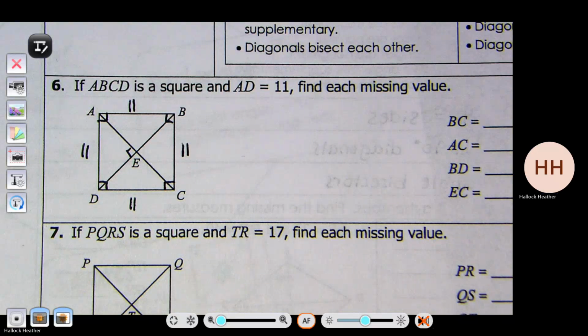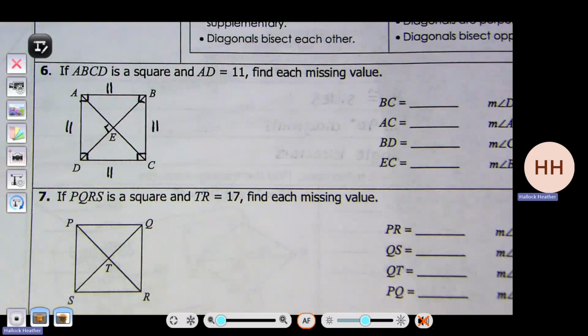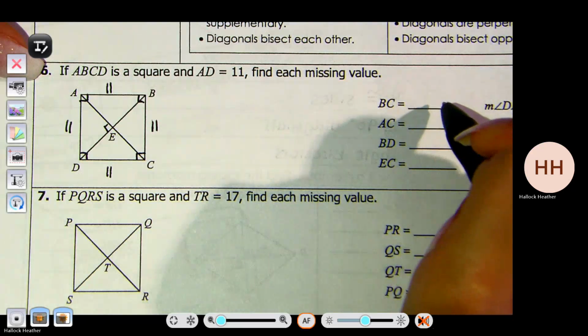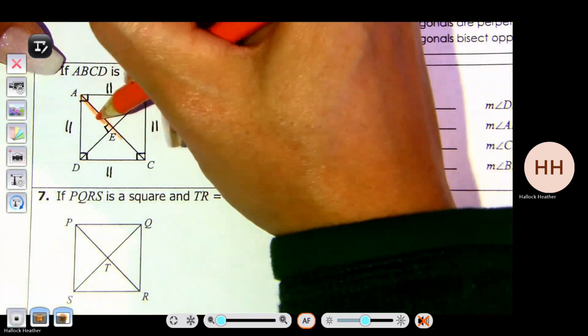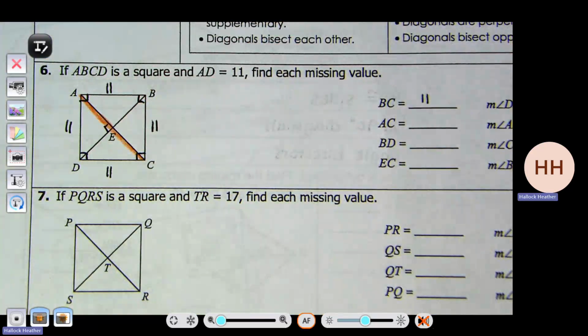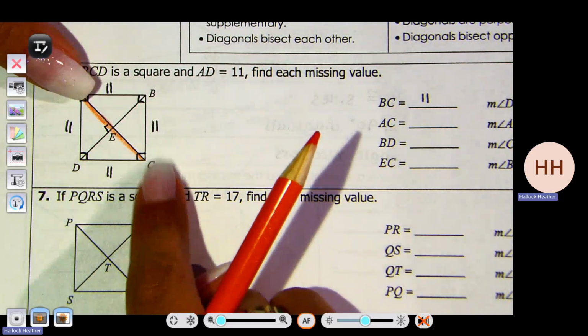Okay, so for B to C, what do we get? 11. How could I find A to C? Pythagorean theorem. So sometimes you're only going to use the small triangle in the center, but because they use the whole distance, I have to use the whole thing.